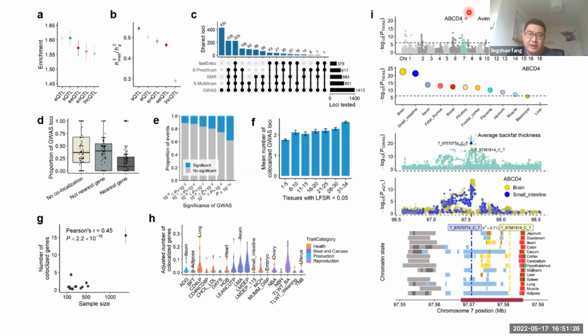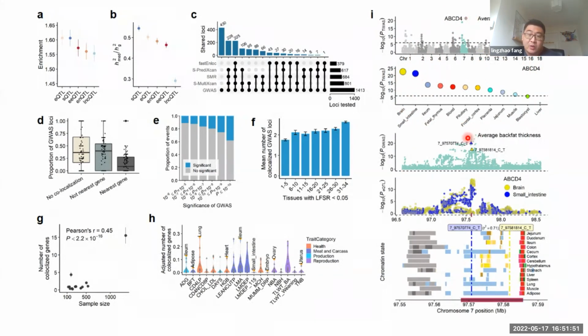If we look at the TWAS results across other tissues where we have information, we also find brain has a very good association. And if you look at this gene in humans, you also find that gene expression in brain and intestine are associated with BMI or weight in humans.